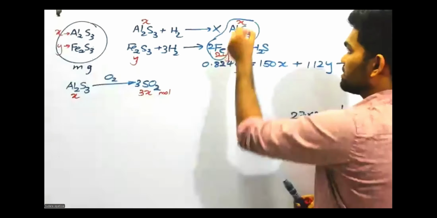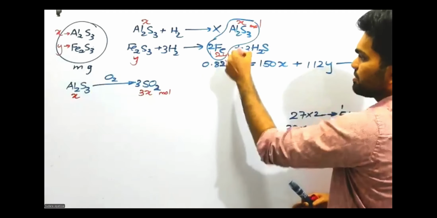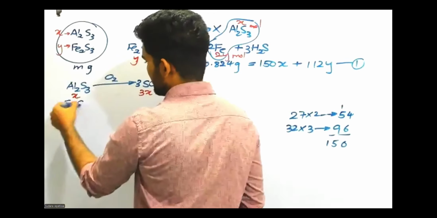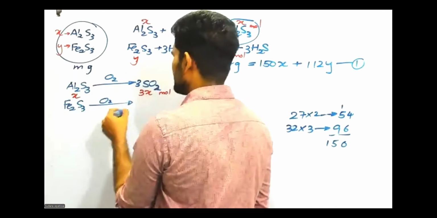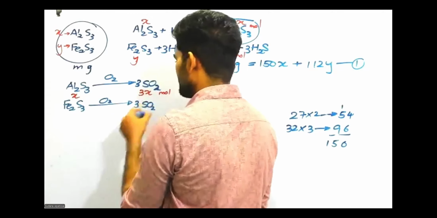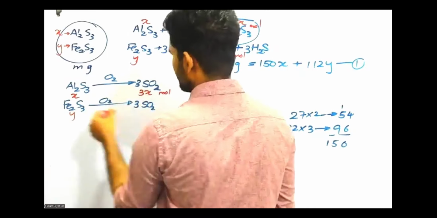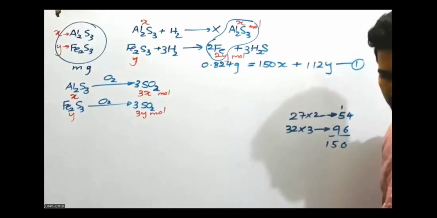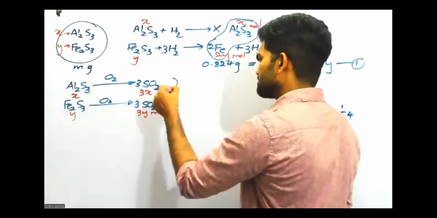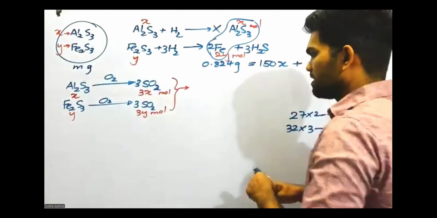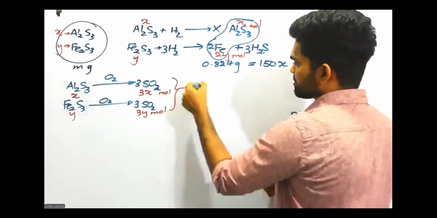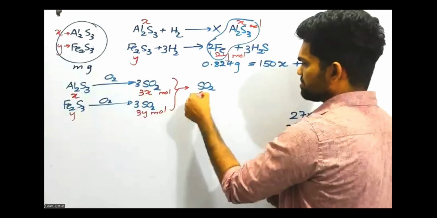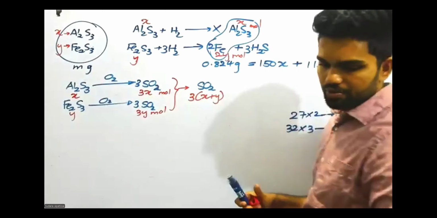And then the next one, Fe2S3, also reacts with oxygen to give 3 SO2. Let's say you had y moles of this one, so you will get 3y moles. So total SO2 moles are 3x plus 3y, or you can say 3 times (x plus y) moles of SO2.